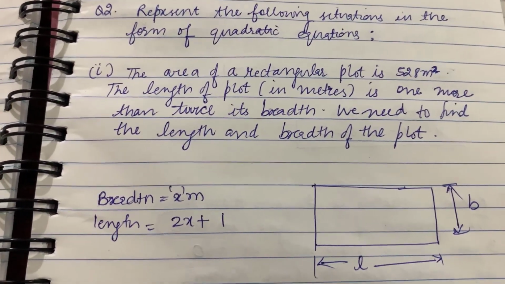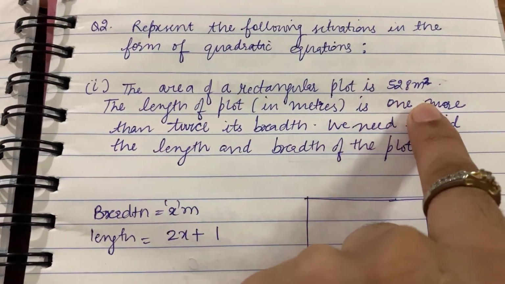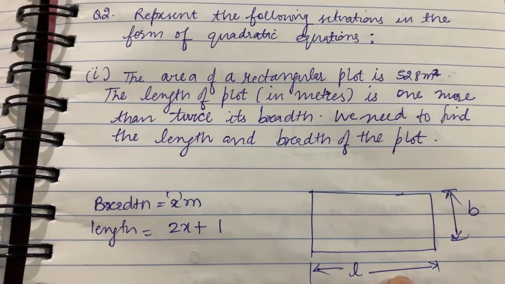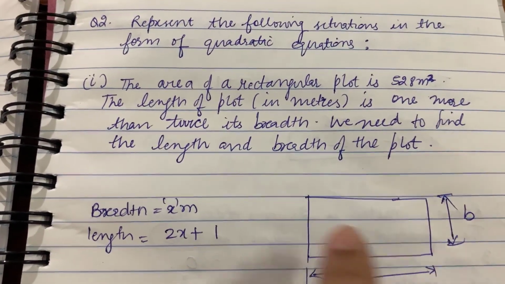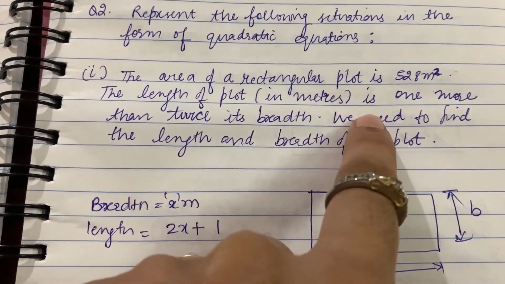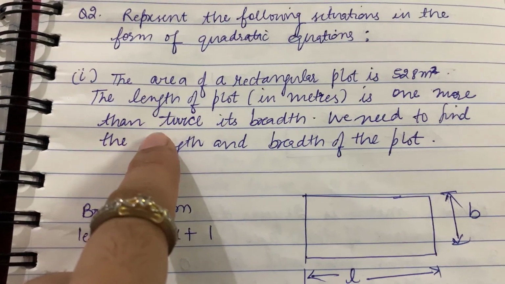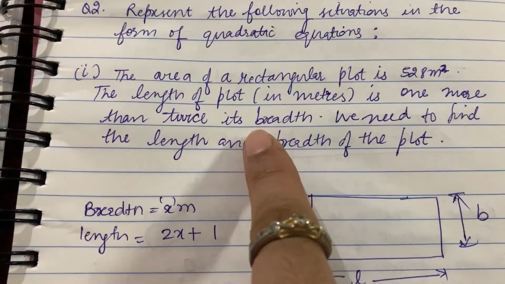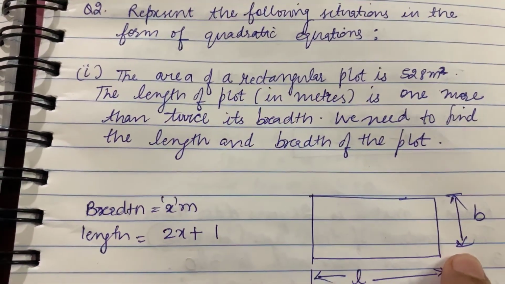So here we are given the area of the plot. Area of a rectangle is length into breadth. The length of the plot in meters is 1 more than twice its breadth. So here we have to assume breadth as x.